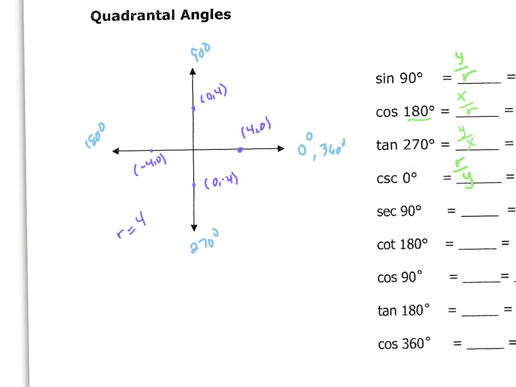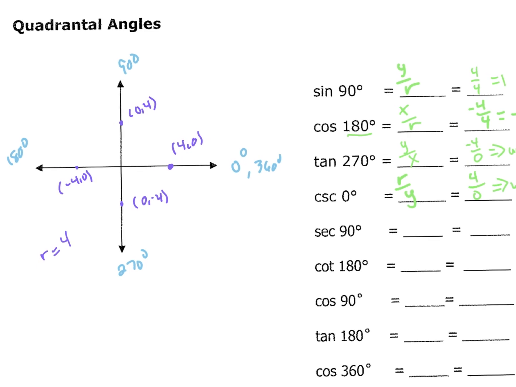All right, secant of 90 degrees. For the secant ratio, we have to be thinking reciprocal of what trig function, Grayson? It would be R over X, because it's the reciprocal of sine. I'm sorry? Cosine, there you go. Secant is the reciprocal of cosine.